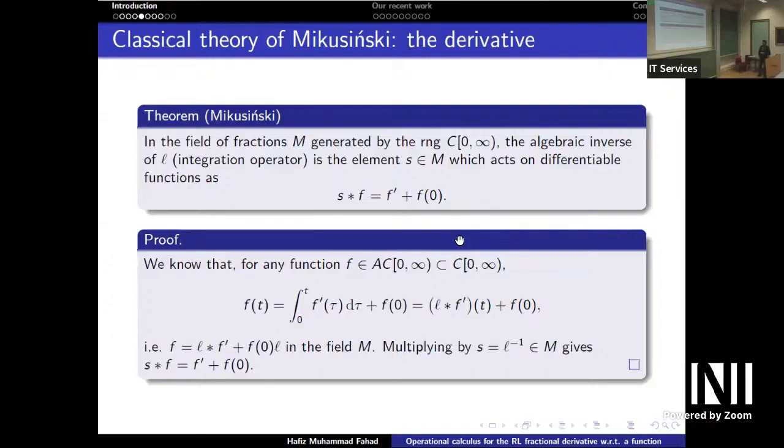The proof of this theorem is straightforward if we consider a function f from the space of absolutely continuous functions defined on the interval 0 to infinity.